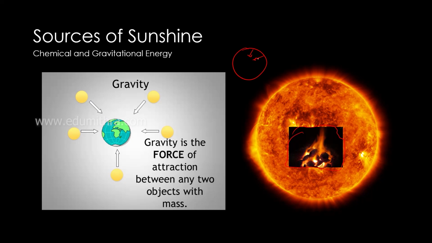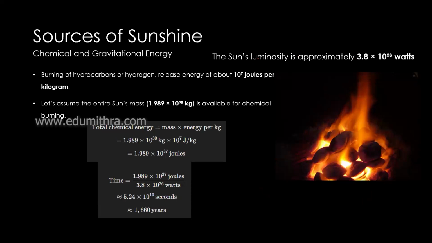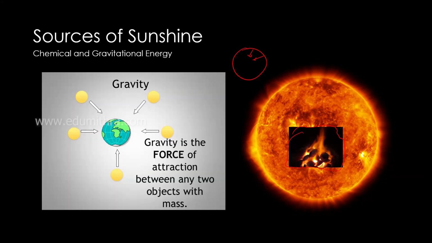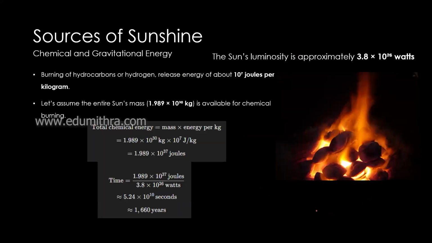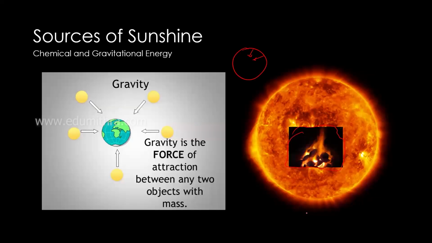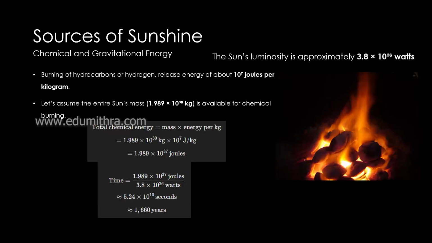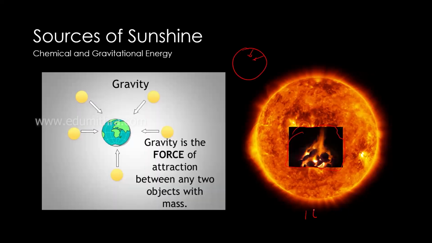This is how the calculation was done, but don't bother about the calculation. I'm not going to explain it. But see that if it is chemical energy, some kind of burning like the burning of gasoline or coal happening at the core of the sun, then the sun can only last up to 1660 years.